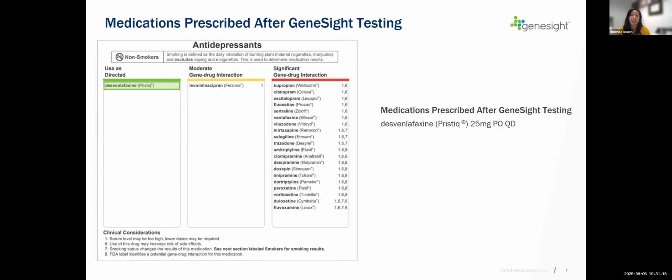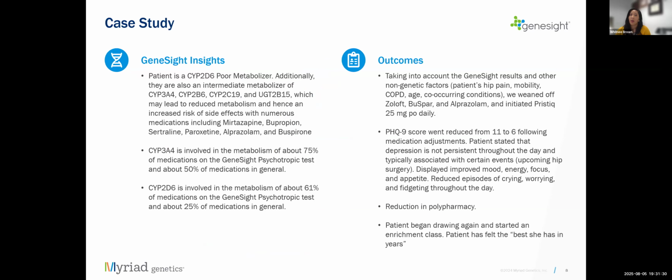We started her on desvenlafaxine for the fact that the patient had depressive symptoms as well as anxiety symptoms, and I believe that this would be a good fit for her. So we started her on this, and she thrived. And I want to show you on the next slide kind of how we discuss those outcomes.